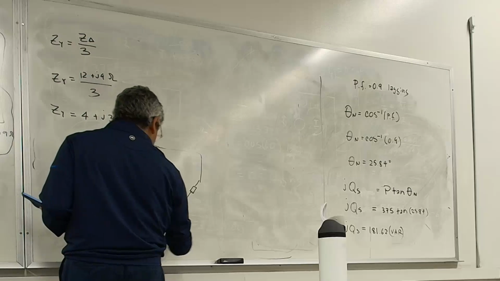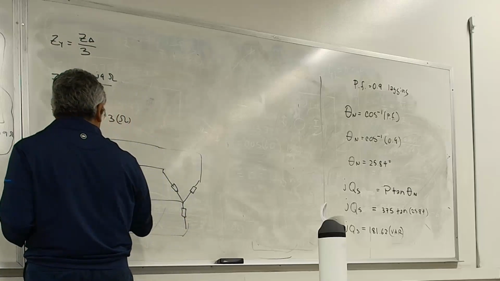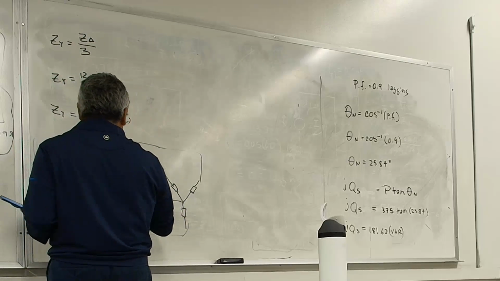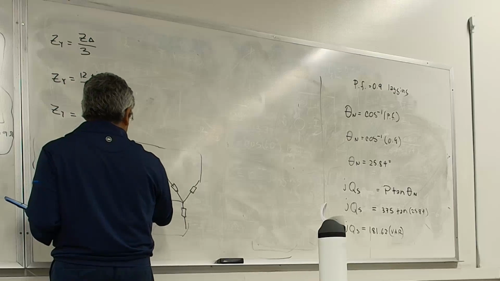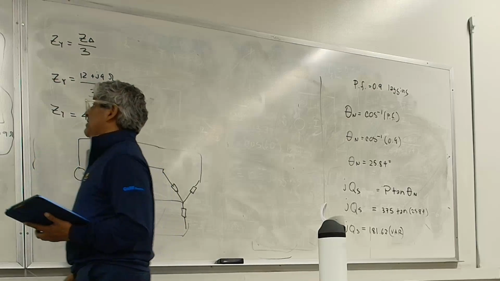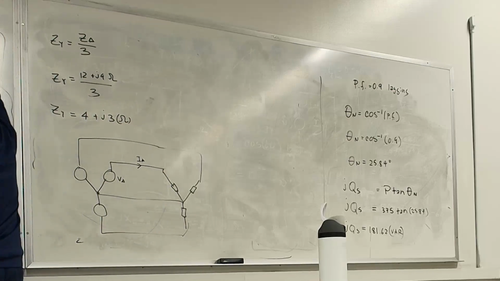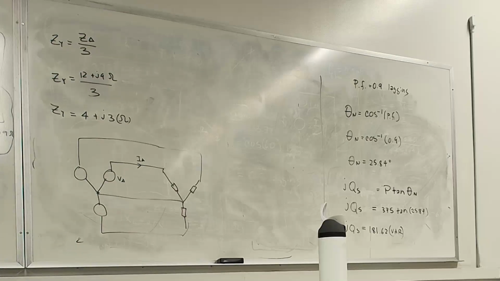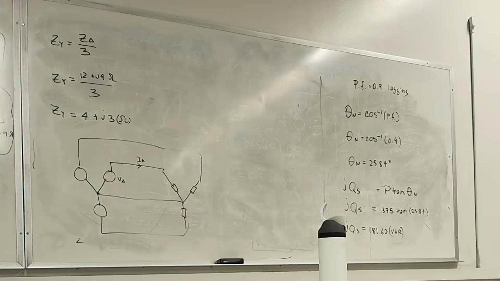Then I have this neutral right here. I'm going to call this V_A and this I_A. That's my line current, the current flowing on this wire. The current in the load I'm going to call I_AB.